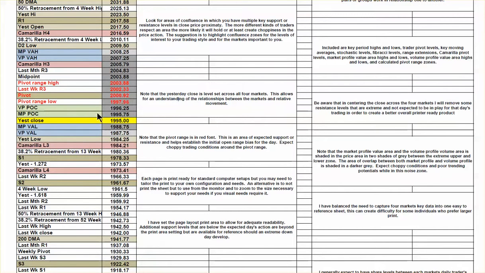So there's a lot of information packed within these colored areas: market profile, volume profile, pivot range, yesterday's close, the various color combinations. This is telling you this is a very bad trading zone, and you're far better off looking for trading opportunities above and below. A lot of information is packed right there.